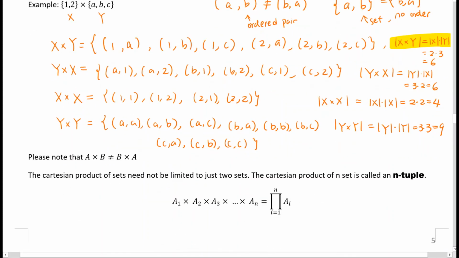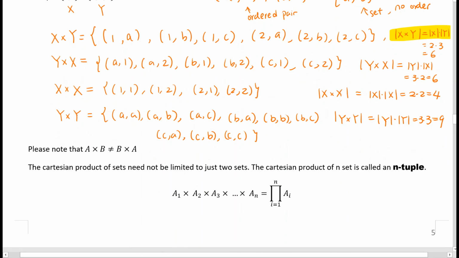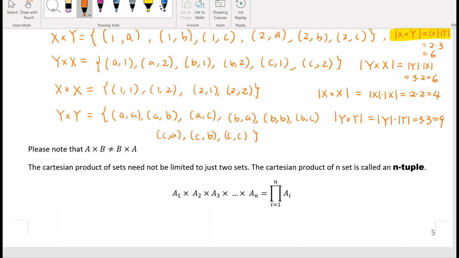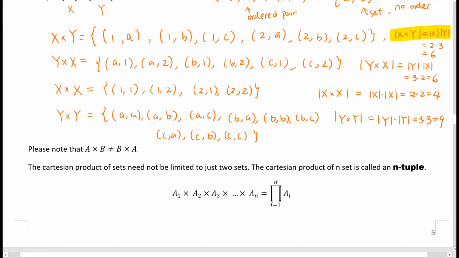Okay, so please note here you can see A cross B is different than B cross A. If we're talking about set operations, we talk about union and intersection. Union and intersection are commutative.